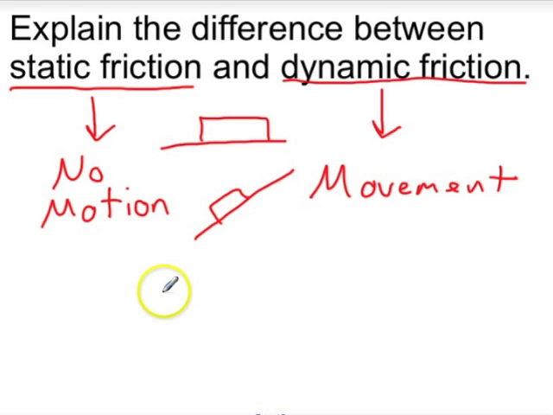But think about this. Okay, you've got a car tire and you have that car tire on the road. Now, as this car tire moves on the road, would that be static friction or could that be dynamic friction? Because it takes the wheels going against the road to get it going.